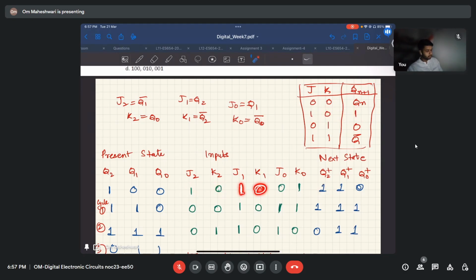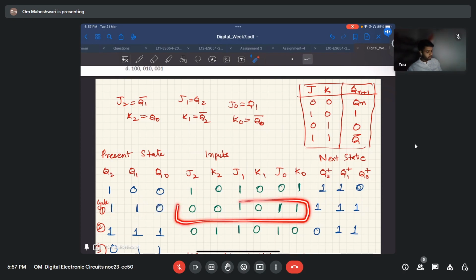Again, 1 and 0, we get output 1. For 0 and 1, we get output as 0. Now this 110 that we have is the present state in the next cycle, right? So it is 110.